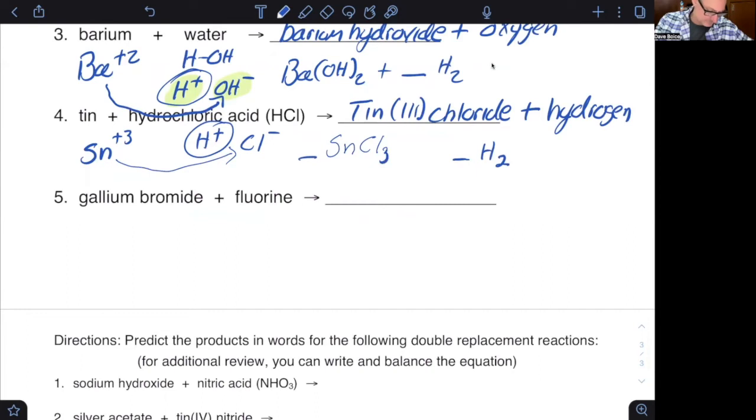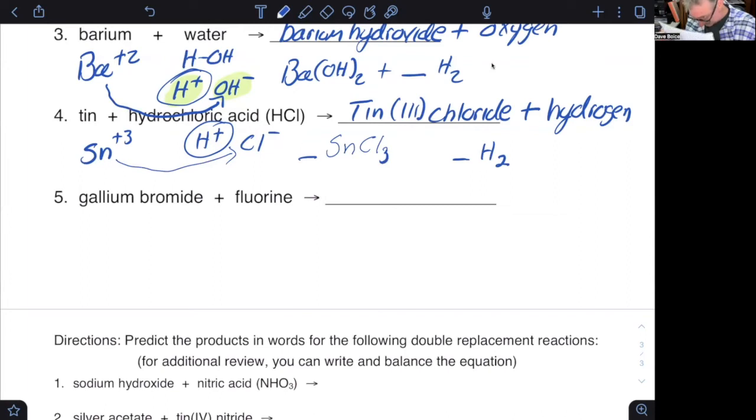Okay, gallium bromide plus fluorine. Okay, so in this case, I've got gallium, which is, let's find that one here. And the actual number for it. Sometimes you got to do a little hunting.